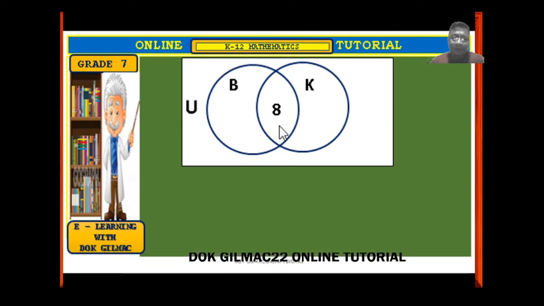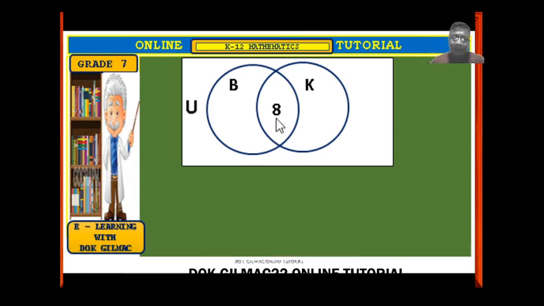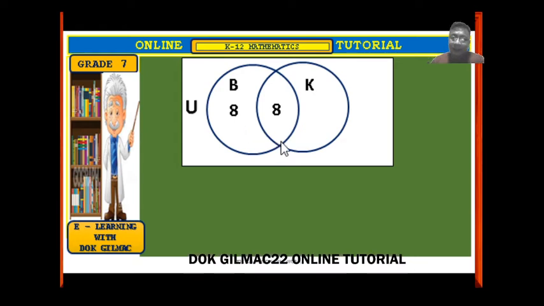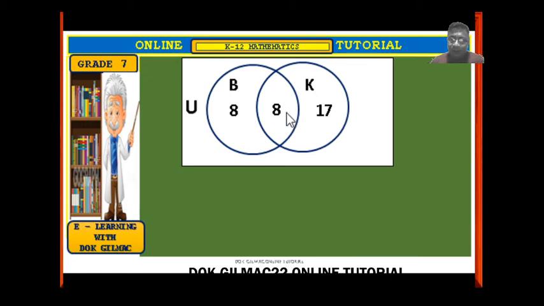Write first the intersection of the two sets, 8, and then there are 16 who train boxing, so 8 plus 8 is 16. So from here you write 8. And for karate, there are 25, so 8 plus 17 is 25.